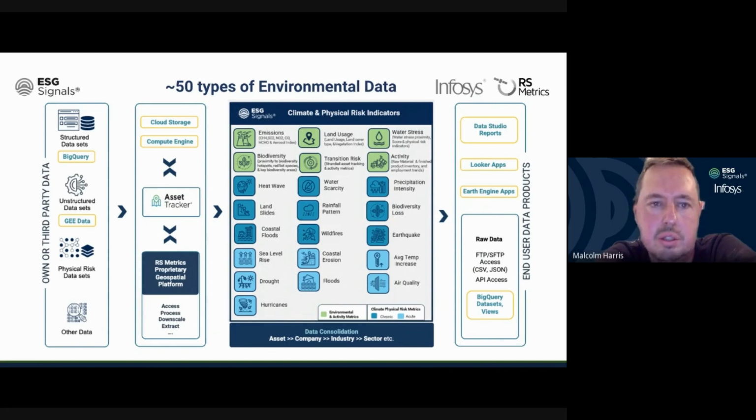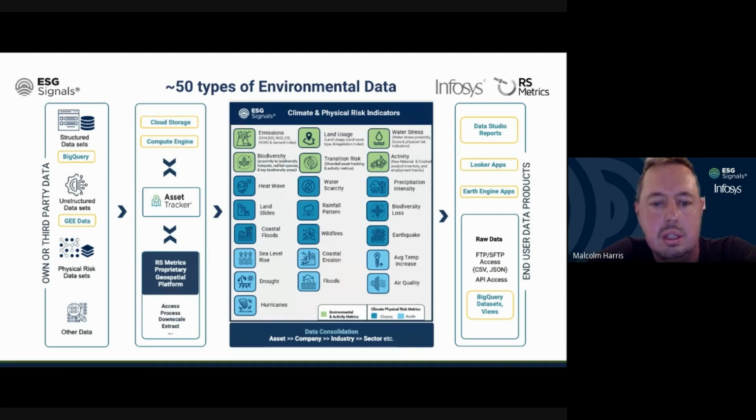One of the challenges many companies have, especially in these physically exposed sectors, is that they're not good at bringing in multiple data sources together and combining them. It hasn't always been their core skill set. Even though they're aware they should be doing this, it doesn't come naturally, right? So one thing we've done, and part of the value prop, is having all this data in one place, right?